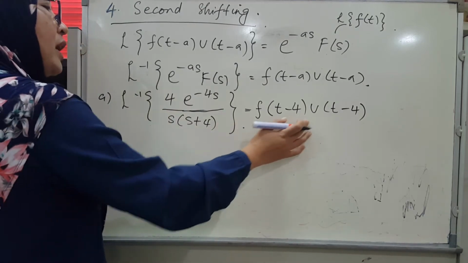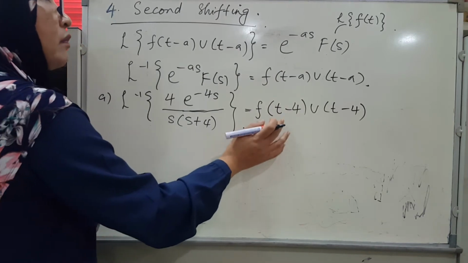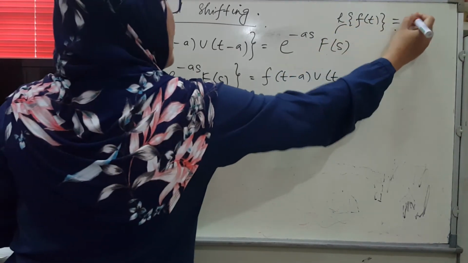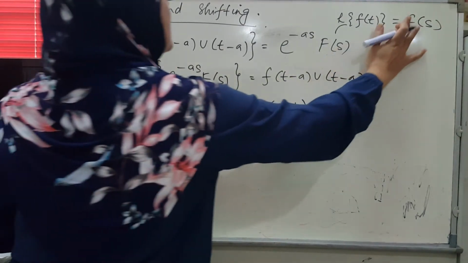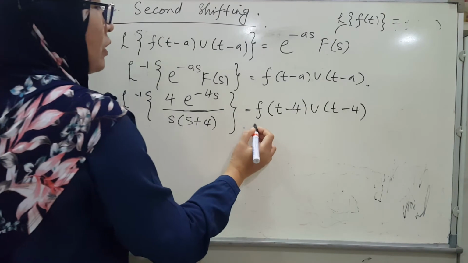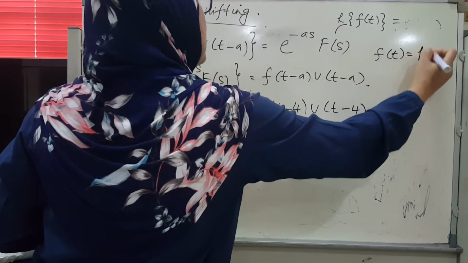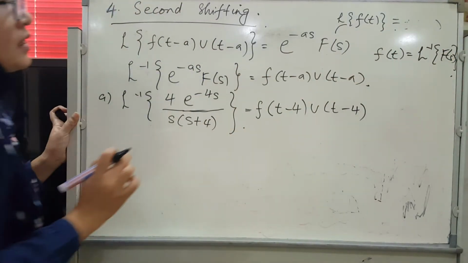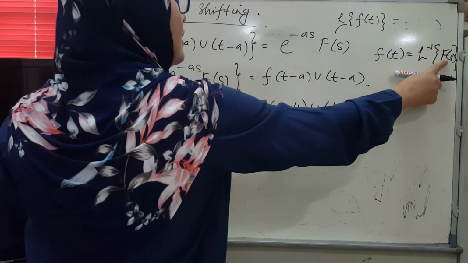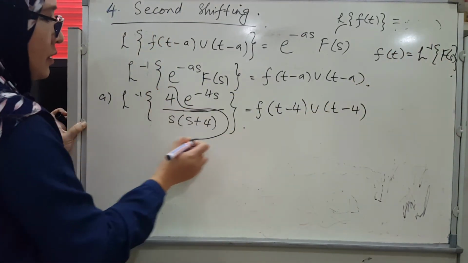So now we have to find f(t). Where can we find f(t)? In order to get f(t), we know that f(t) is the inverse Laplace of F(s). Okay, so now we need F(s). So what is F(s)? Where is F(s)? Yes, this is F(s).